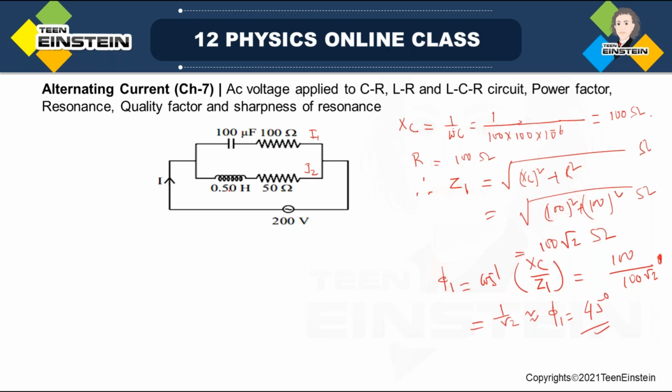What is the other branch? This is the branch. So Z2 we can find out as omega L, that is XL, and this is 50 square. So omega into L, what is this value?